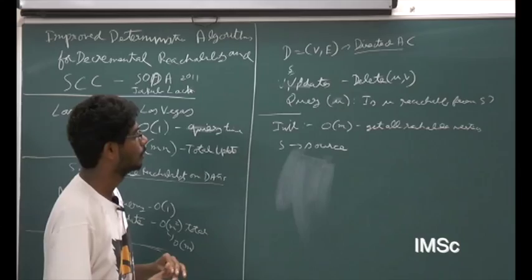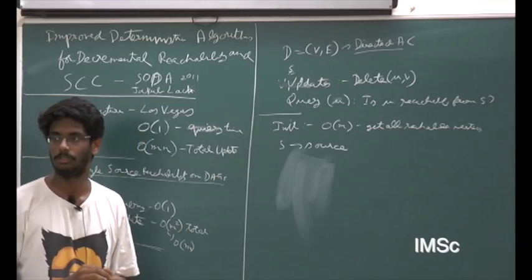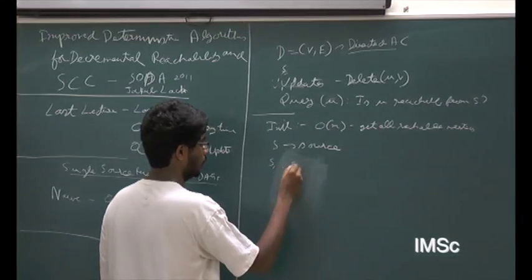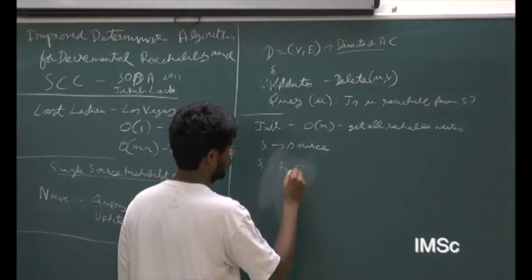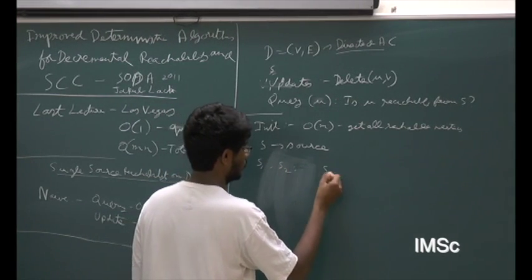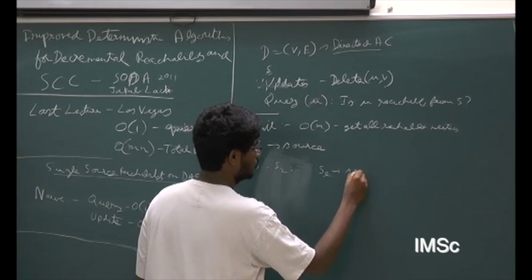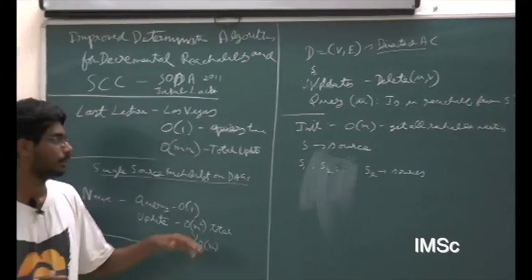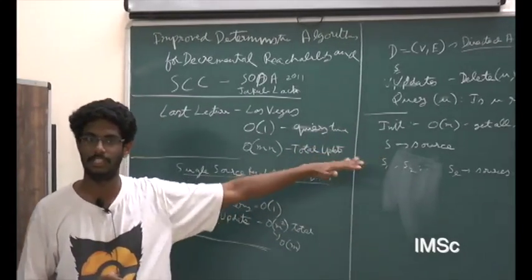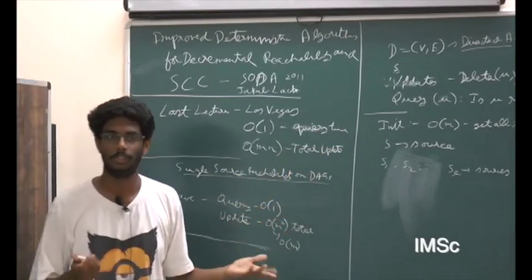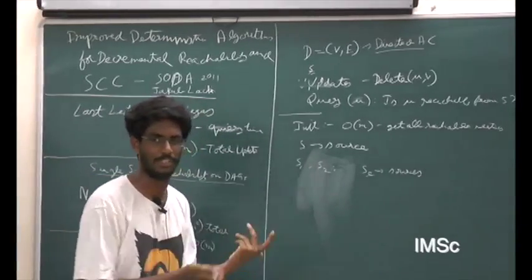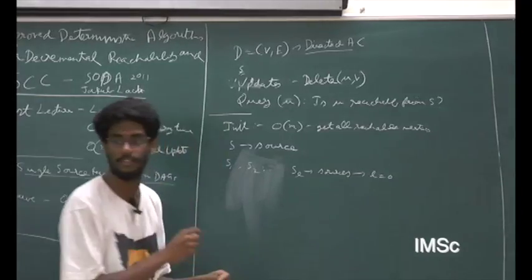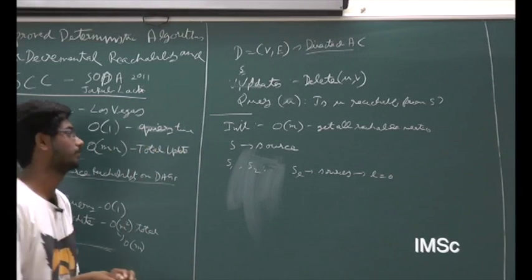There can be other sources, say S1, S2 to SL, but they can't be reached from S. So right after initialization, L is 0.